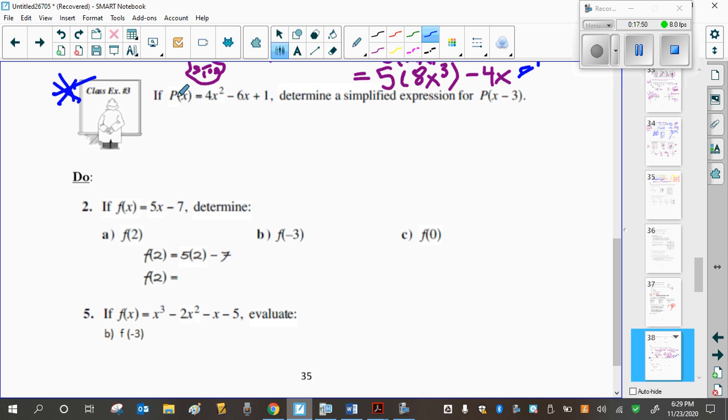Okay, we've got a trinomial function. And we have to find p of a binomial, x subtract 3. So that means wherever you see an x in the function, you put bracket x subtract 3. Okay, so it's like cutting and pasting. You're cutting out the x, and you're pasting x subtract 3. So everything else in black stays the same.